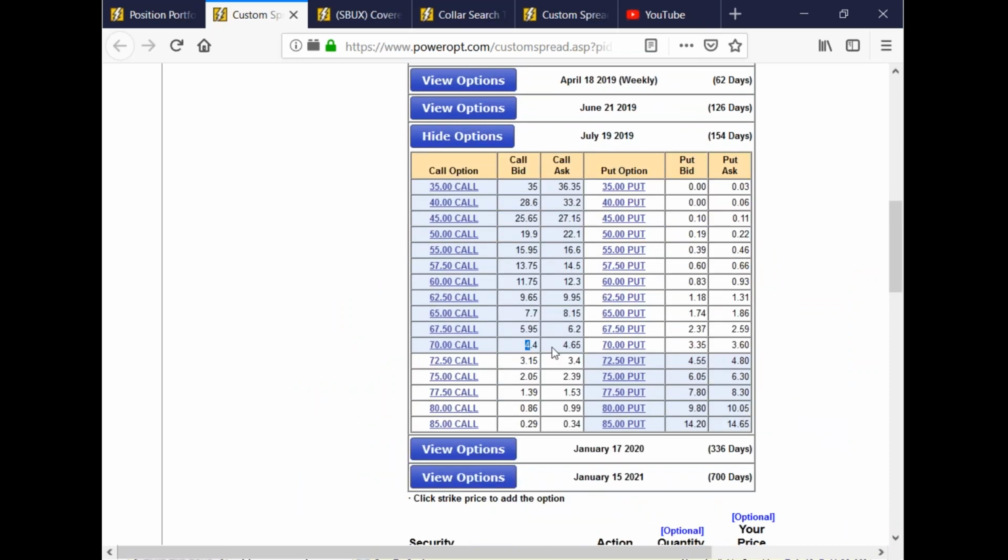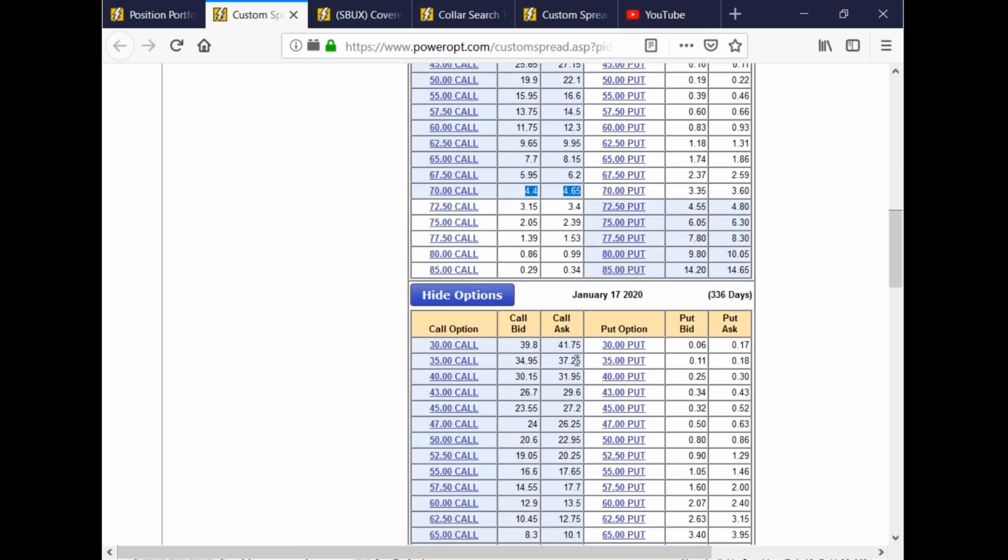See this here, the 70 is at $4.40, but it's already in the money. Yes, I took in 95 cents initially, great. I got to pay back close to $6 from $1.20 down, and then I get $4.40 back. So I'm sorry, the 95 cents didn't counter that. I'm still at a debit of 30 cents. It's not there. I'd have to go all the way out to January.